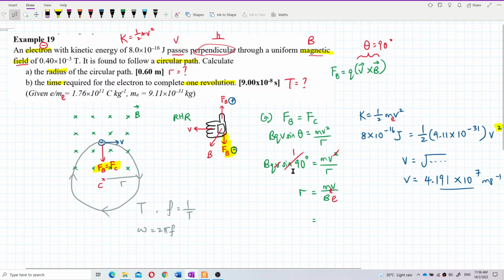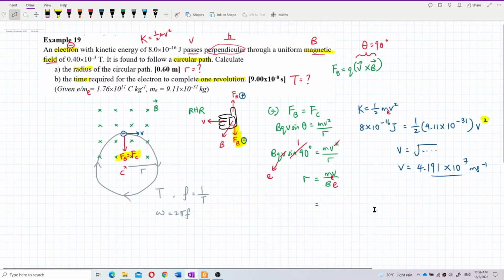So you can use the charge just now, which is the charge of electron because you're using an electron. So this is the electron charge per mass. So I can say, okay, put in the value.